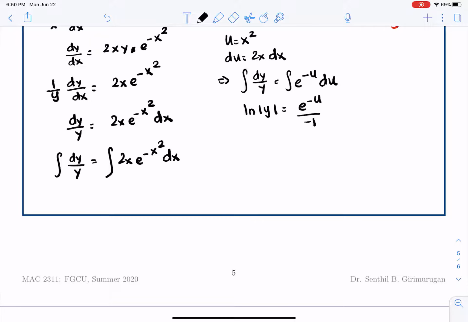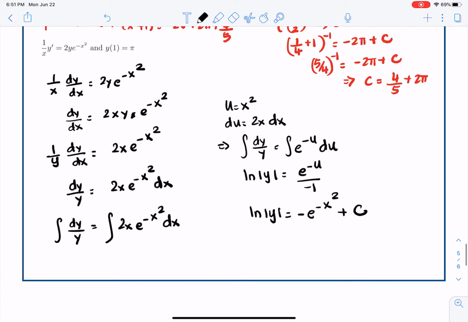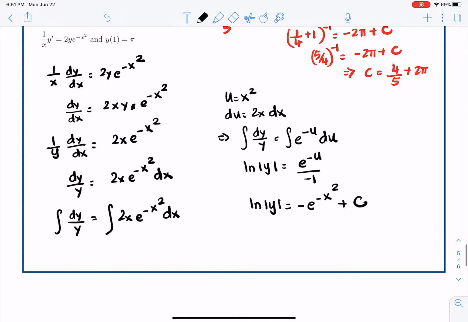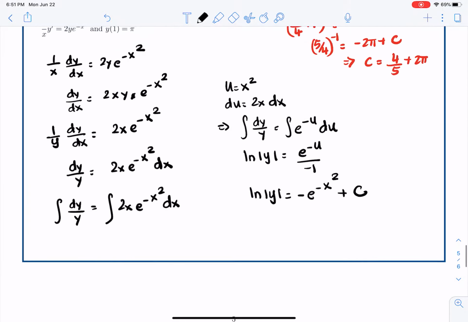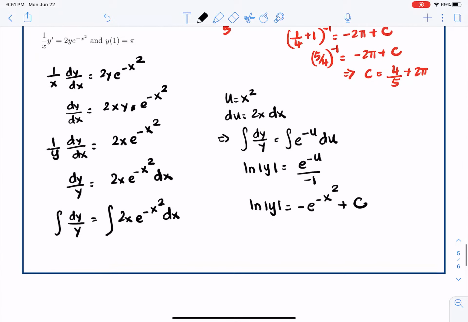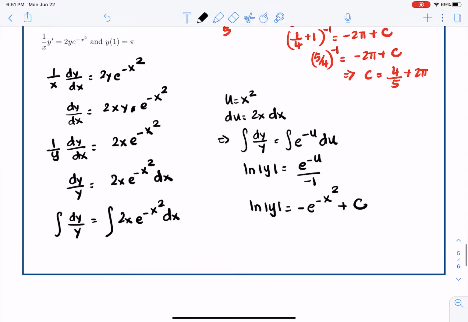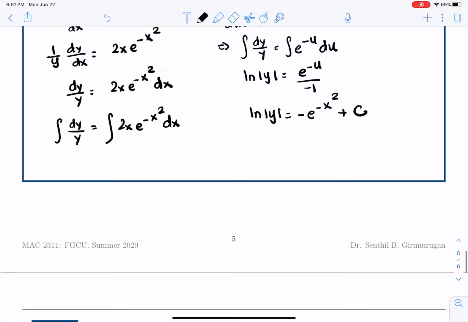We can replace the u with our substitution. And we have c. And when we plug in x to be 1, y of 1 is pi. So the value of y is pi when x is 1.